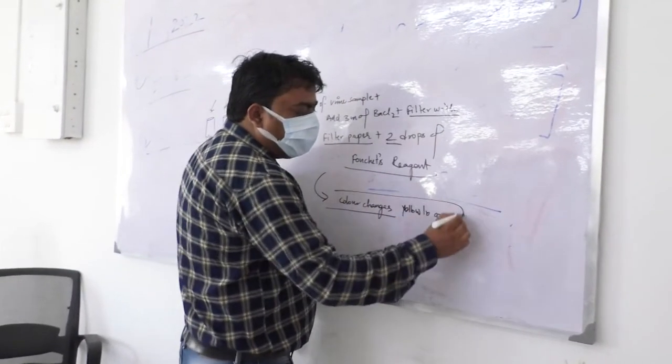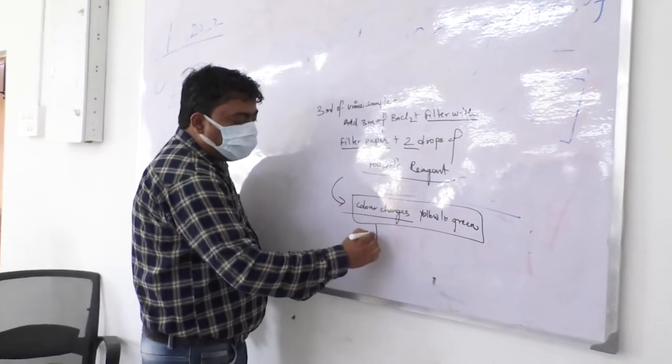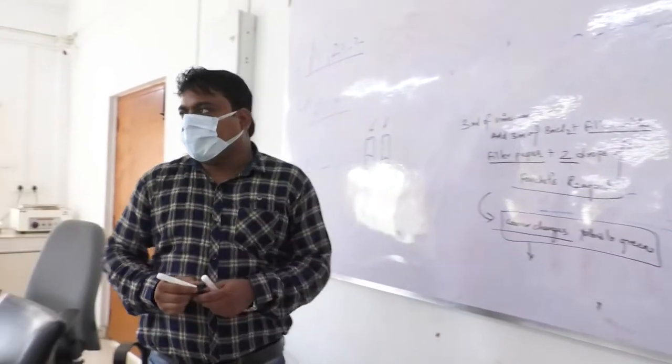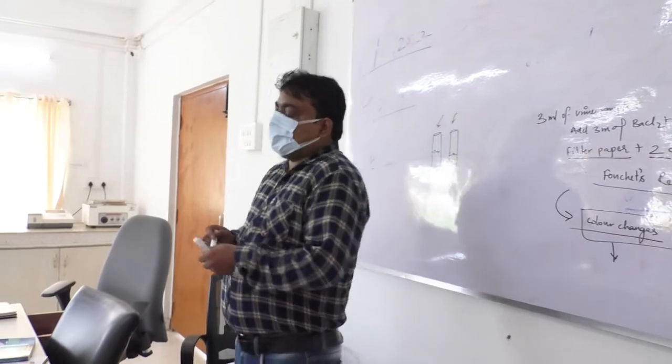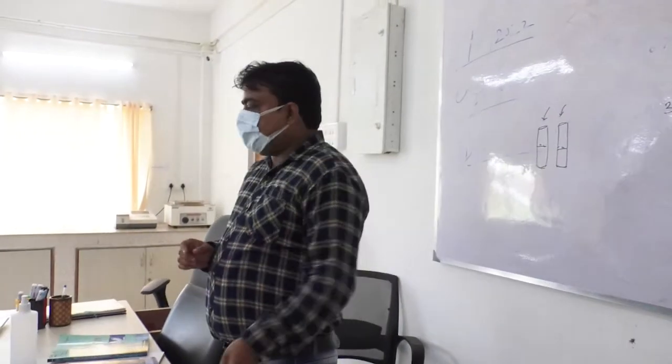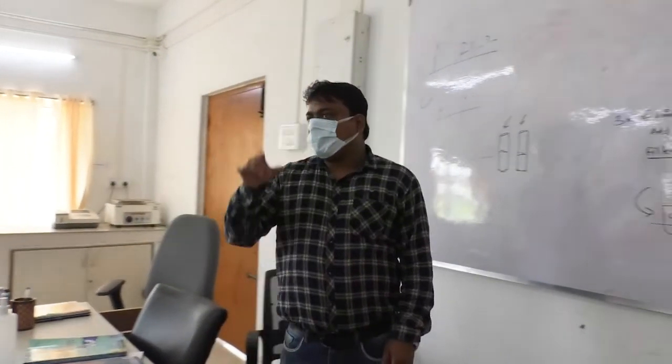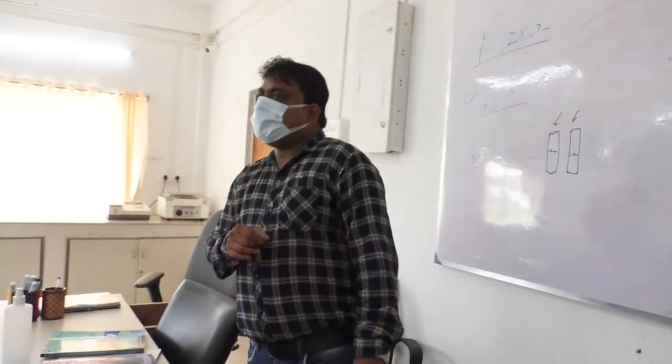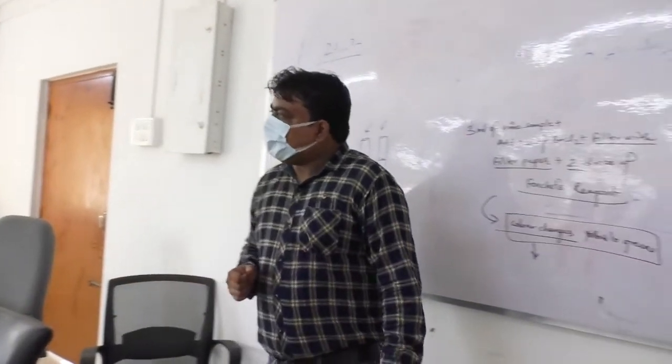By this observation, you will confirm that the sample has bile pigments. Understood? Now you will write this procedure in your copy and go to your seat. Then we will call you again and you will perform this test.